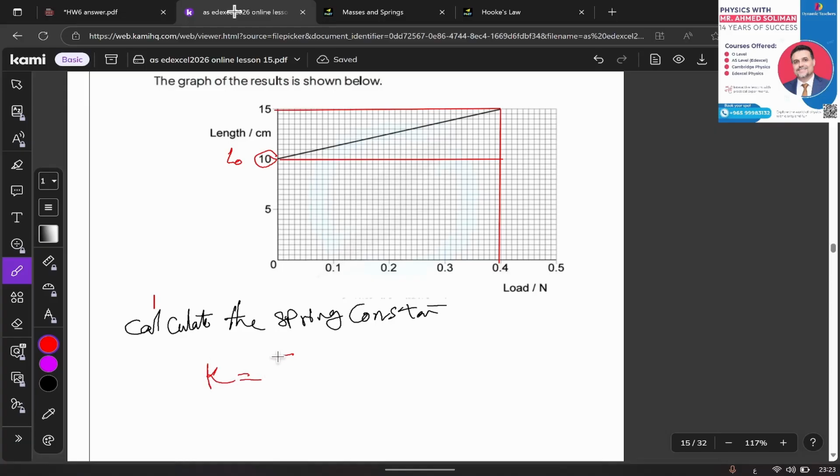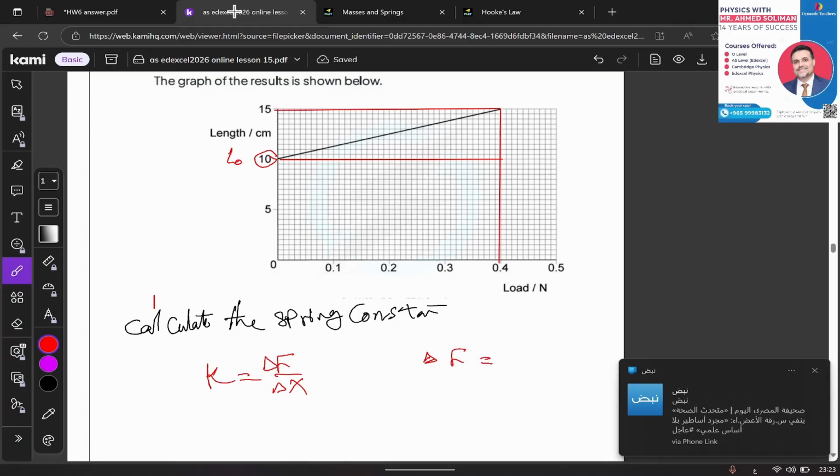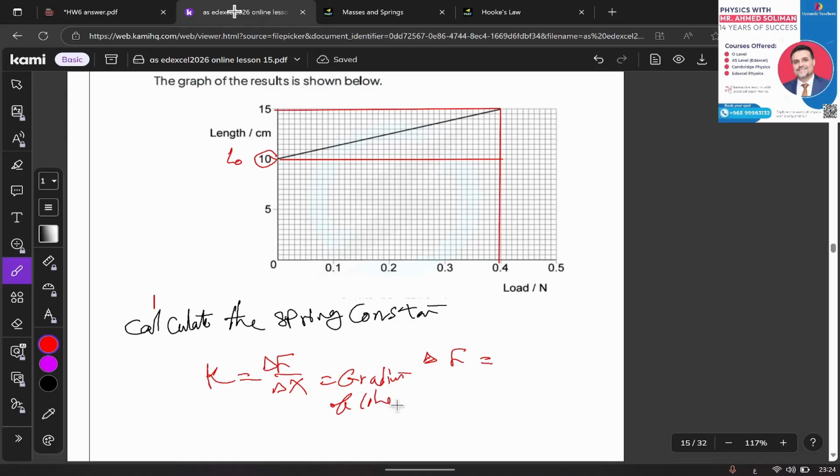K equals F over delta X, right? Or delta F over delta X, and it's 1 over the gradient, also equal to the gradient.